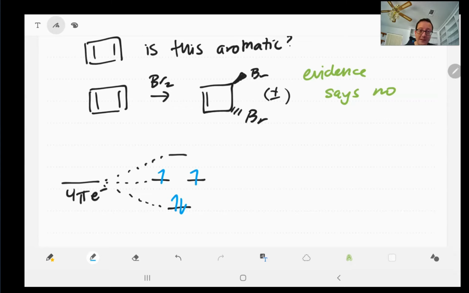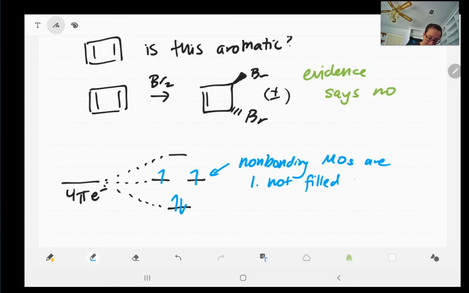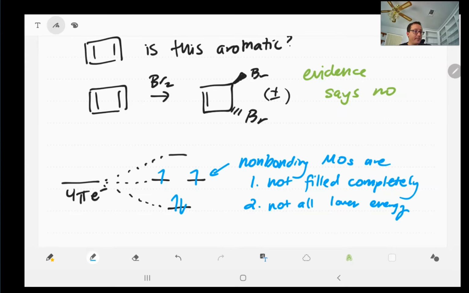I'll show you simple ways to get through this. Regardless, here we have these non-bonding orbitals, and they're not all lower energy either. So, as a result, this is not an aromatic compound.